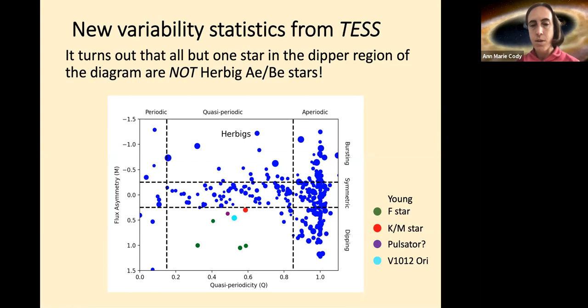So V1012 Ori is an A star, and it shows dipping behavior in the TESS sample. It's the only Herbig AeBe star that shows up as a quasi-periodic dipper. So that is really fascinating, and it does seem to confirm that there may be a lack of inner disk dust surrounding these stars, and therefore we don't see periodic occultation events.